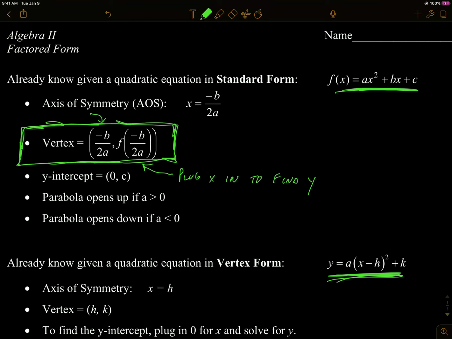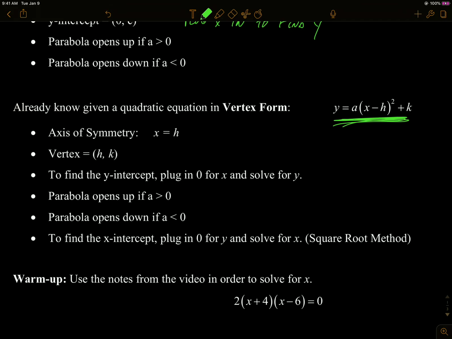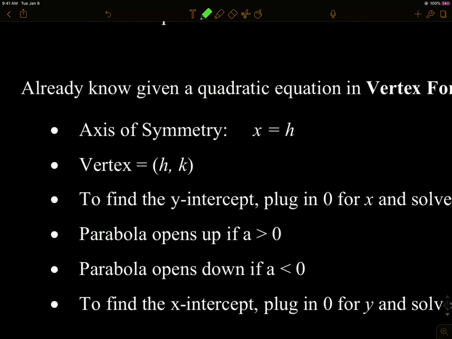Anytime we have the x of any point, not only the vertex, we can plug it in to find its corresponding y coordinate. Vertex form is nice because we can pull the vertex right out. We know that the h is going to be the opposite, but it's easy to find the vertex in vertex form. So that's the first step: we always want to find the vertex first when graphing.